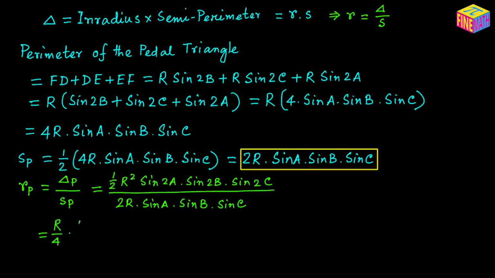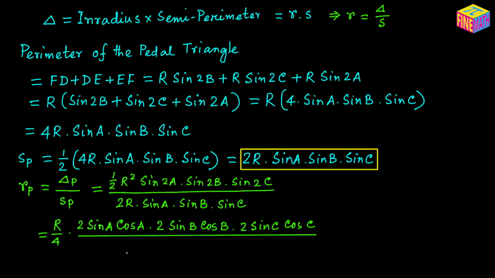I am going to expand them like this. Sine of 2a can be written as 2 times sine of a times cosine of a, and similarly sine of 2b can be written as 2 times sine of b times cosine of b, and sine of 2c can be written as 2 times sine of c times cosine of c, over sine of a times sine of b times sine of c.